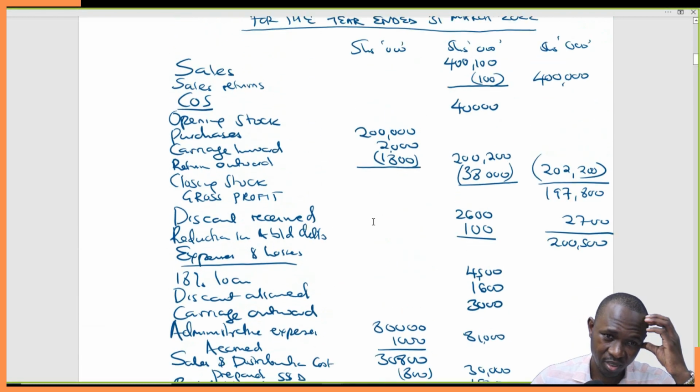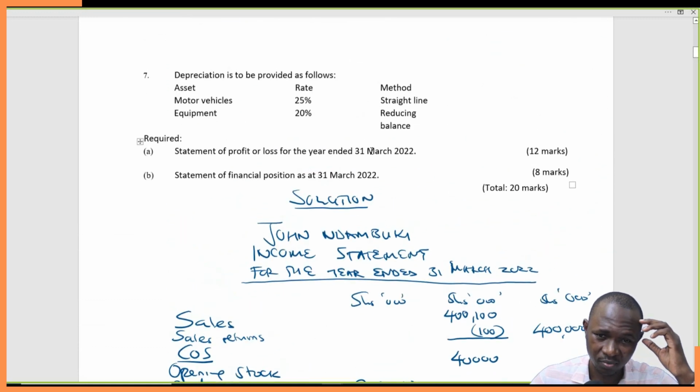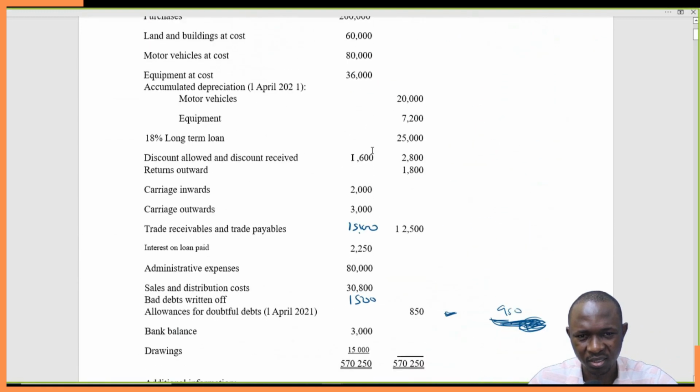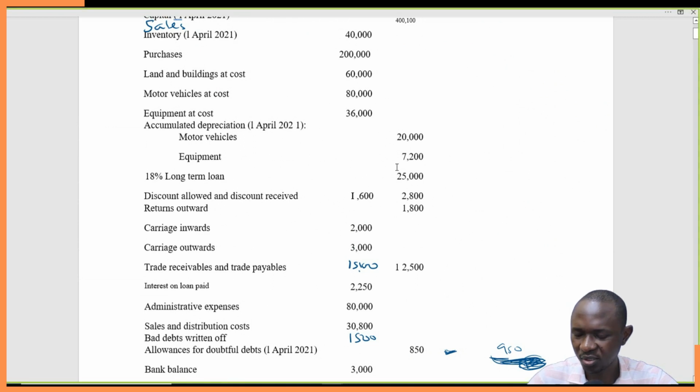And then for equipment it is 20% reducing balance. What that means is that we'll take 20% of the cost minus accumulated depreciation over time.